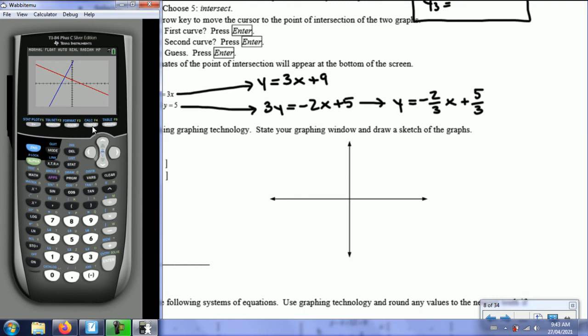But there is no touch screen on this yet. So what we need to do is get that close-ish to the intersection point, hit enter. It automatically selects the second curve, hit enter again, tell it to guess, and there's the intersection point. So at negative 2, 3.